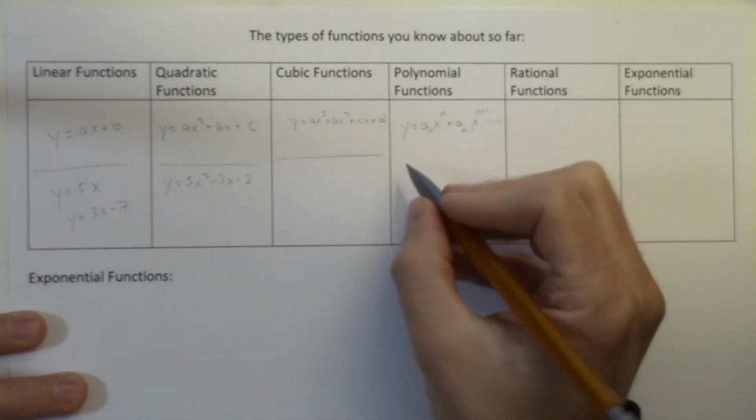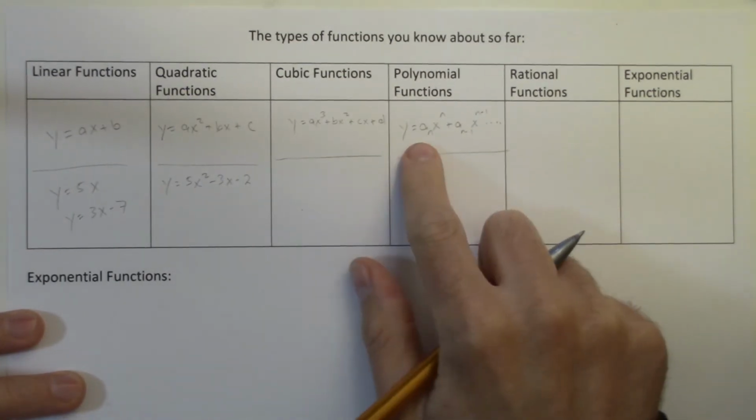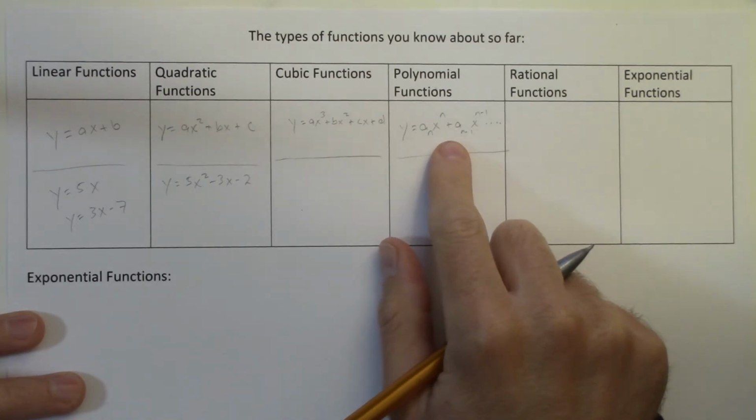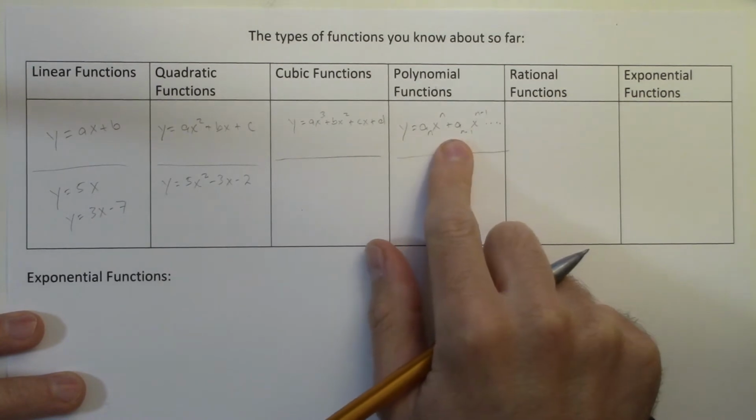And polynomial functions, we defined them, all of the coefficients had to be rational numbers, I believe. We talked about them being rational numbers.